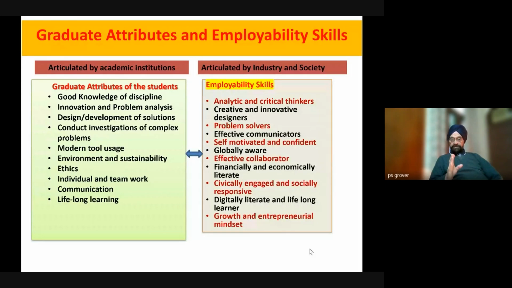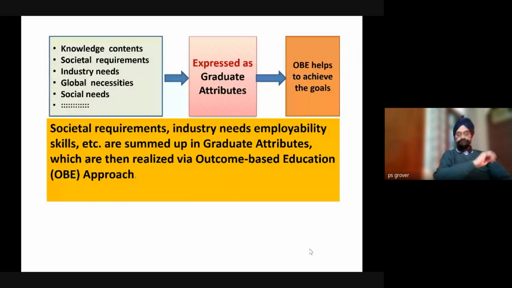So, employability skills and graduate attributes are closely related, and once employability skills are properly expressed as graduate attributes, then these graduate attributes will help us design the curriculum.